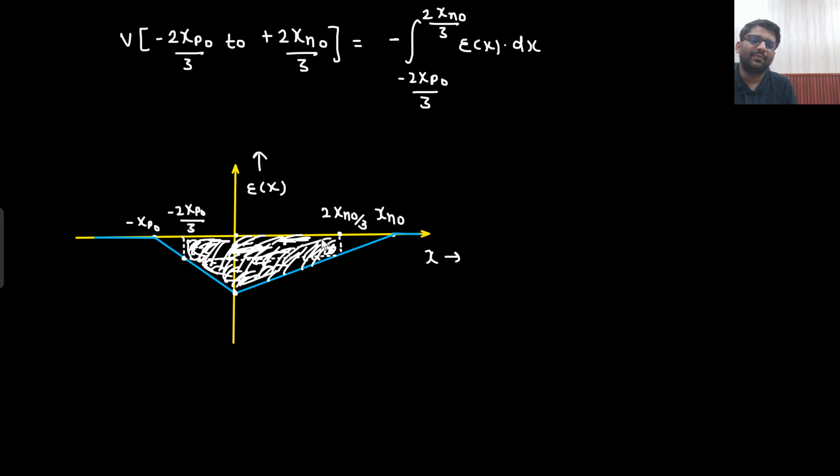Is that clear to you? Say yes or no. Are you able to understand what I am writing down here? This area would be equal to the built-in potential minus this area minus this area. Are you able to understand this point?